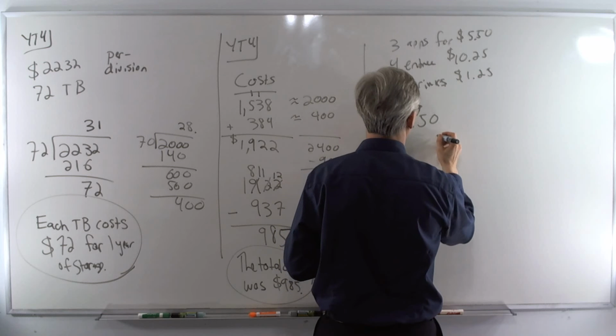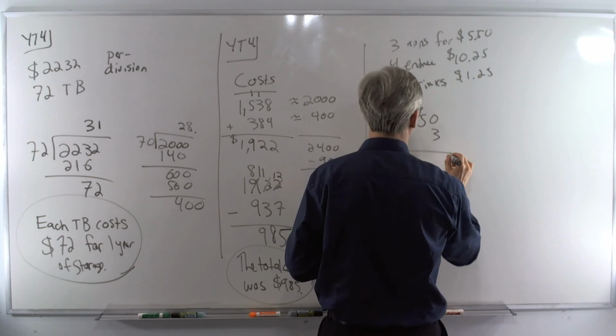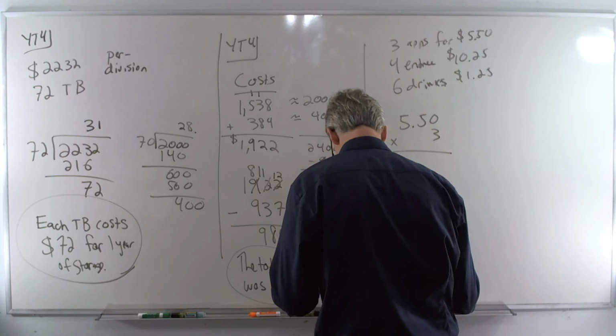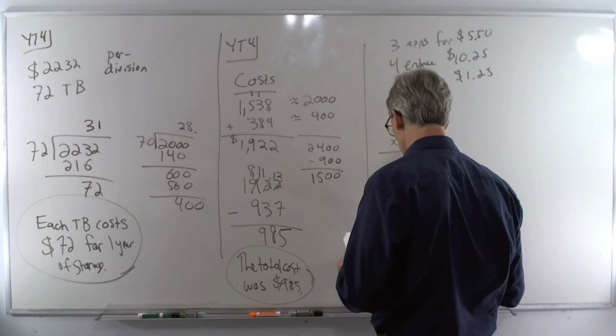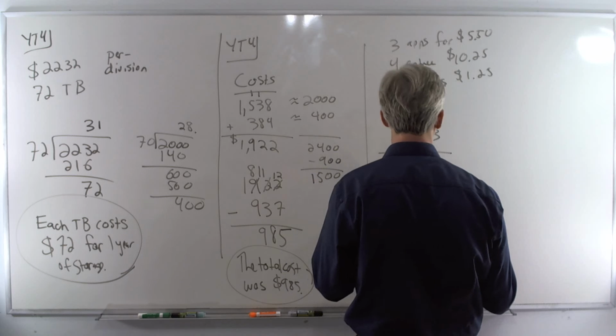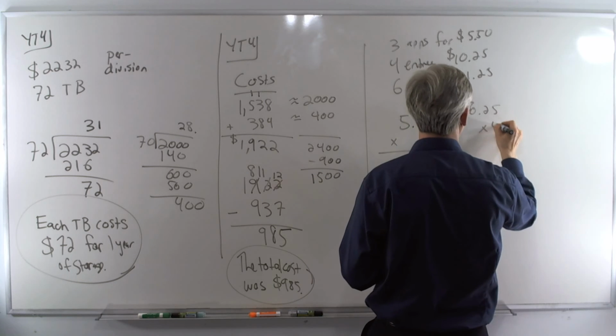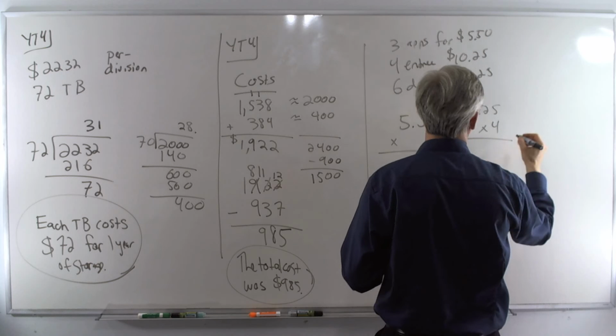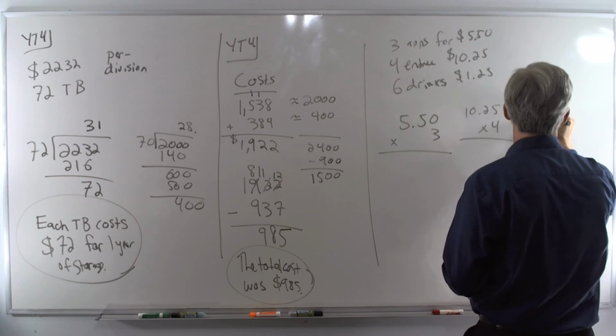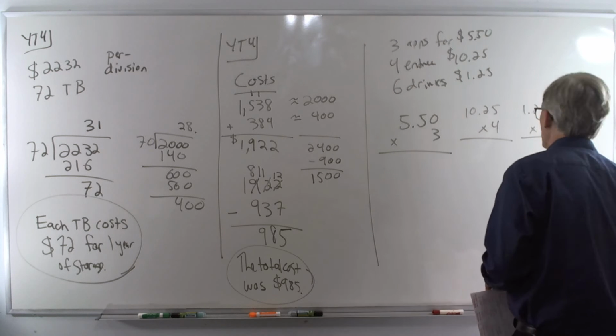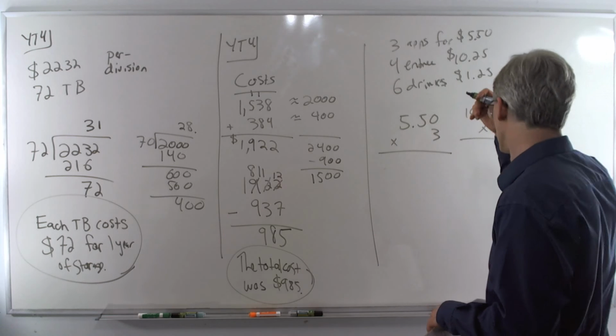So we're going to start by doing 5.50 times 3. We got 10.25 times 4. 1.25 times 6. All right, so we're going to multiply these out.